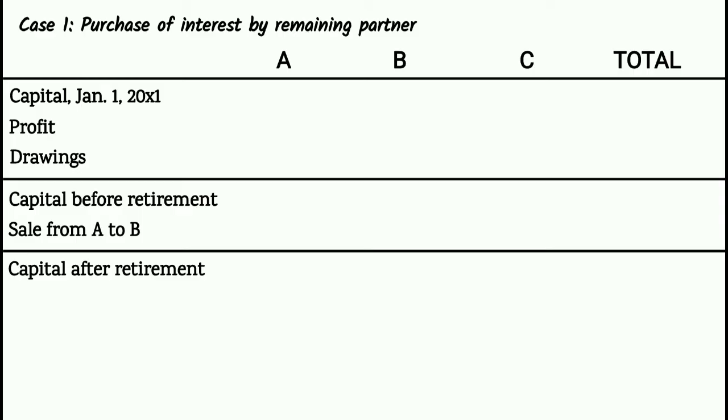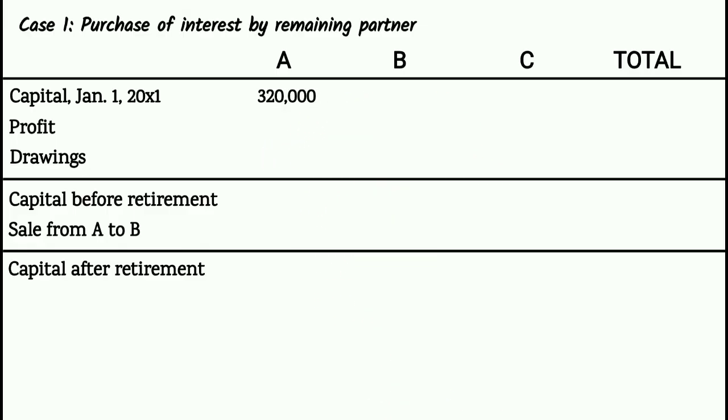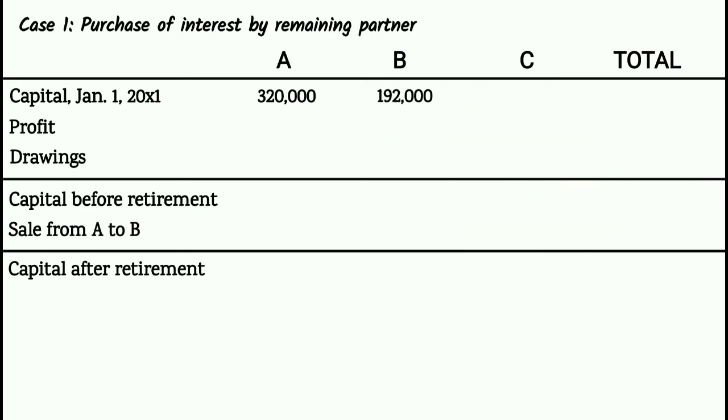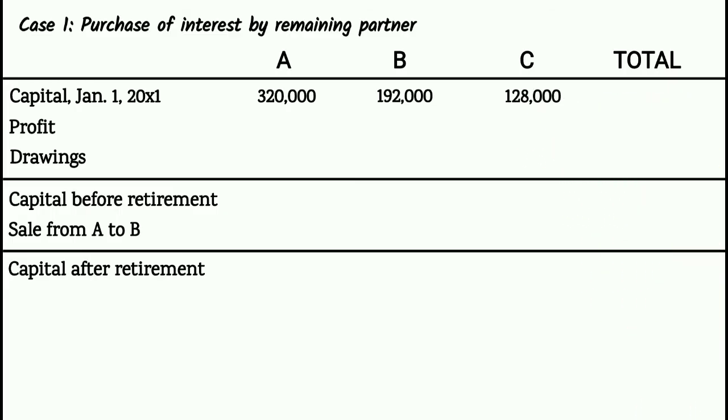On January 1, 20X1, ang capital ni A ay 320,000 pesos. Kay B naman, 192,000 pesos at kay C, 128,000 pesos. All in all, that is equal to 640,000 pesos. It says in the problem na merong profit na 800,000 pesos.